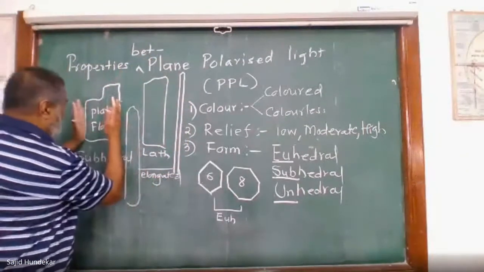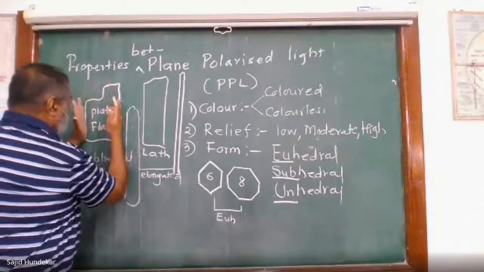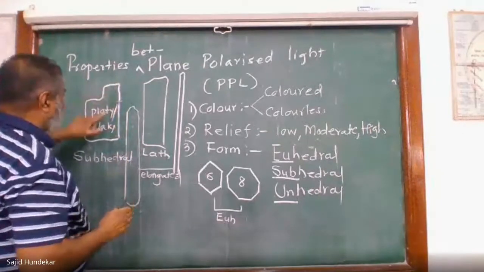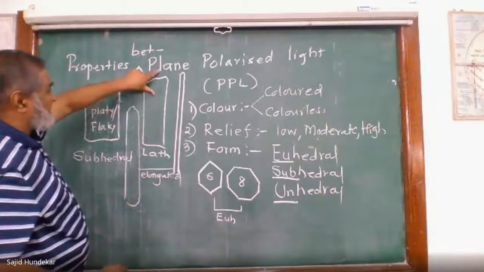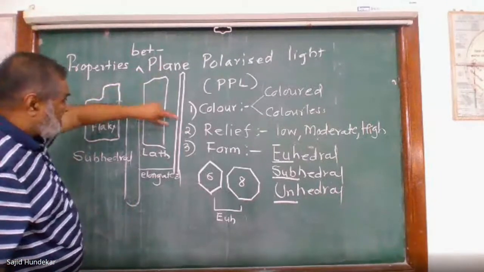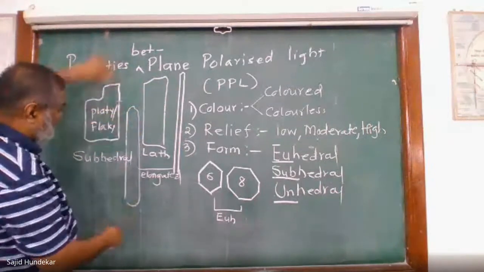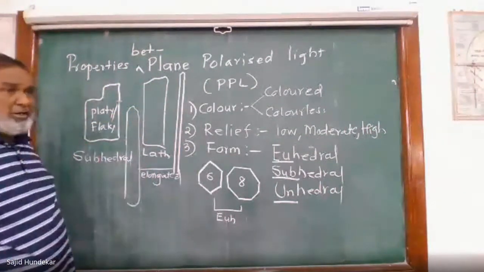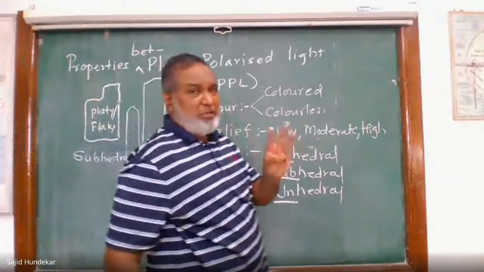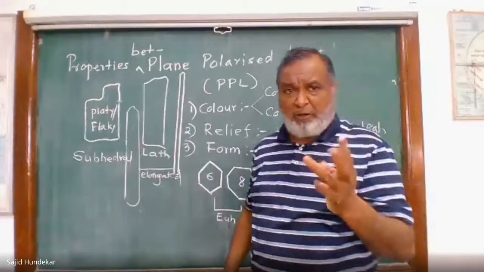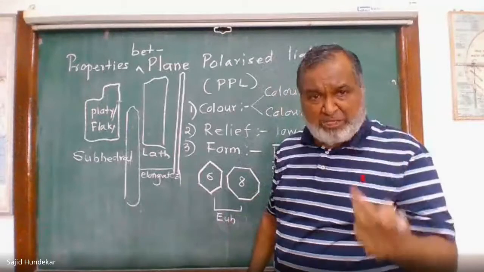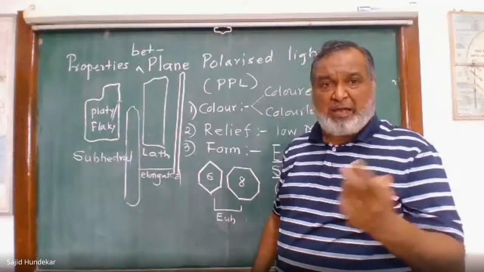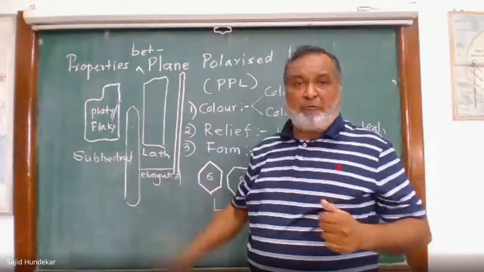If the length is a little bit more than the width, then it is called flaky. Width is reduced, length is increased, it is a lath shape. Still width is reduced, length is increased, then it is called elongated. So in the case of subhedral, we have 3 forms. One is flaky. Second one we have lath shape, and the third one we have an elongated form.